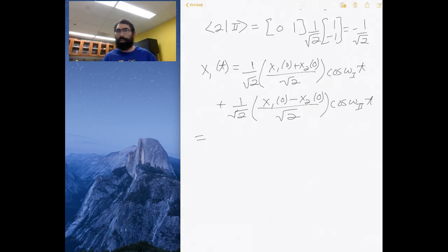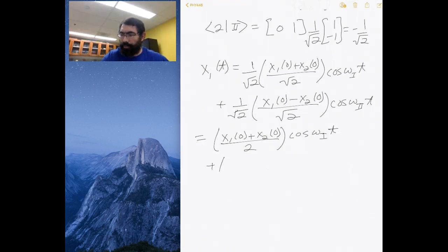So now if you just multiply those factors together, you get basically the sum of the initial positions of both masses divided by 2, basically their average position, times the cosine of omega 1 times t, plus the difference in their positions divided by 2 times the cosine of omega 2 times t.